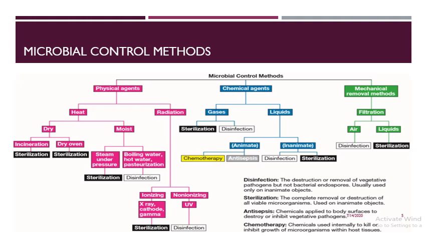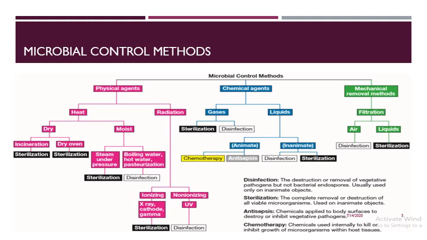In dry heat we will study incineration and dry oven, and in moist heat we will study steam under pressure, which simply means autoclave, and also boiling water, hot water, and pasteurization. And in the radiation category we will discuss ionizing and non-ionizing radiation. In ionizing radiation we have X-rays, cathode rays and gamma rays, and in non-ionizing radiation we will study UV rays.